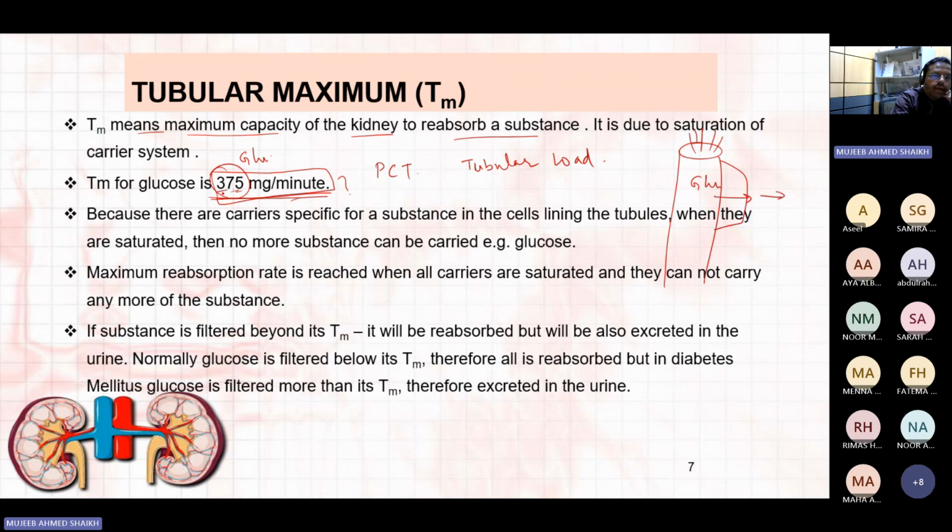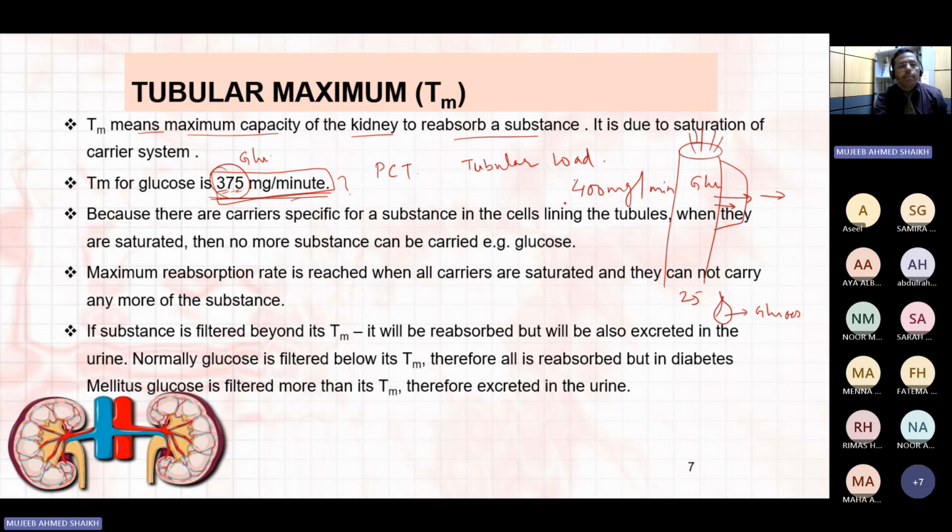If this quantity becomes more than that, let's say 400 milligram per minute, then 375 will be reabsorbed and 25 will come into the urine. In the urine, glucose will be lost.